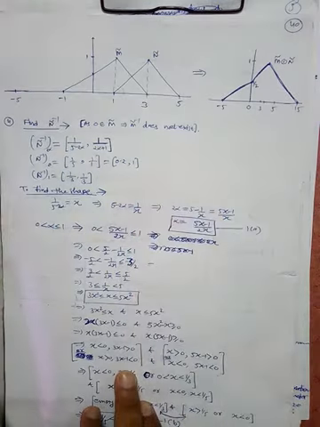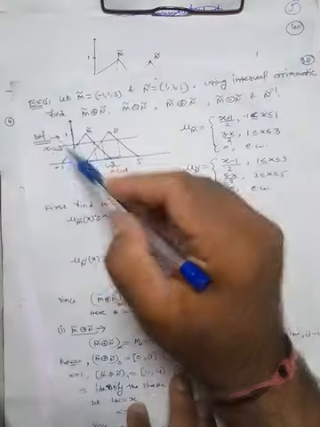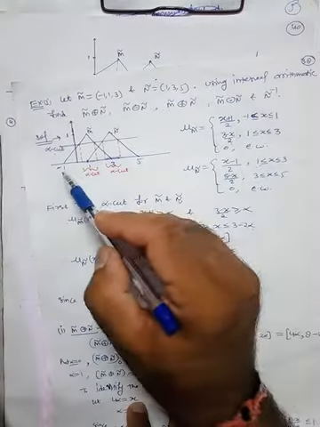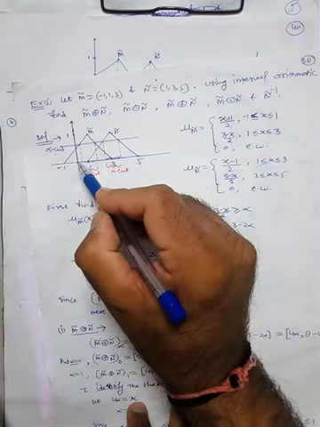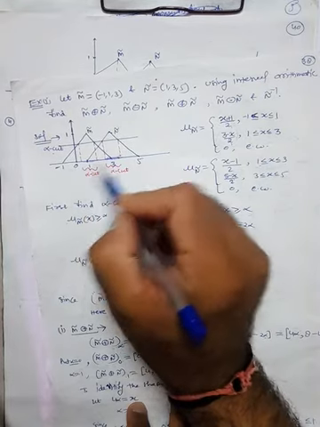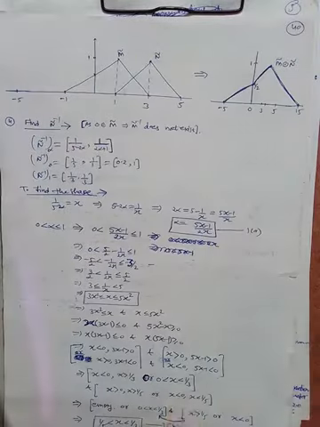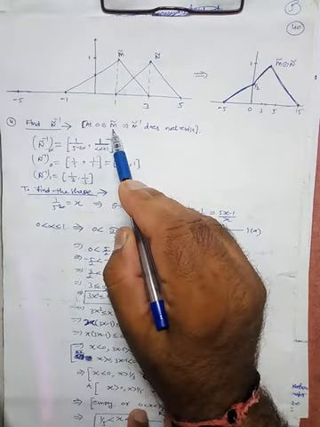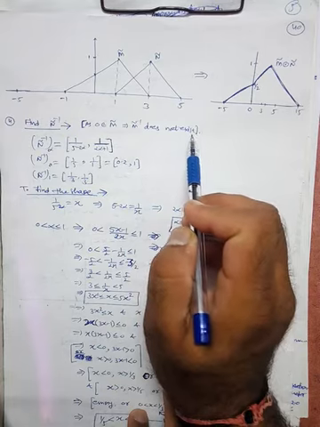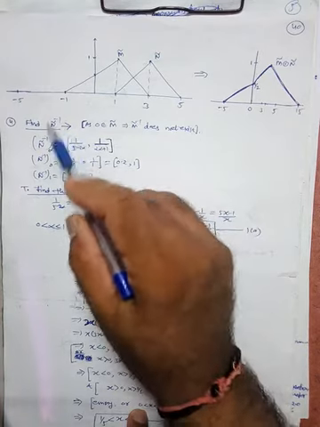Why? Because graphically you can see that m ranges from minus 1 to 3, so 0 is available in this range, and since 0 is in between this range, m inverse does not exist. We can only find n inverse.